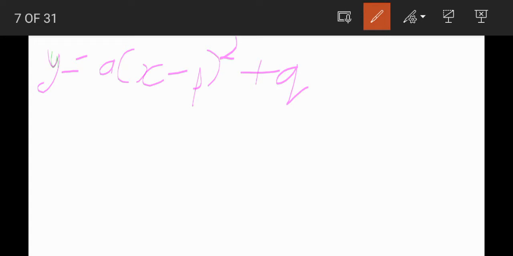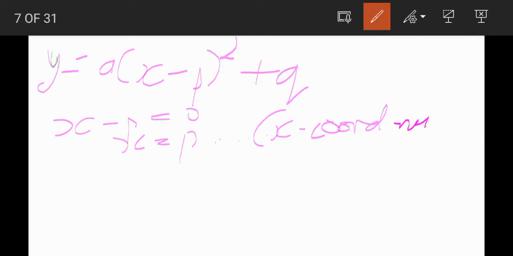Then if you are given in this form, you have to know your x minus p equal to 0, then your x is equal to p. This will be the x coordinate of the turning point. So when you are given like this, we call this the turning point form, right?